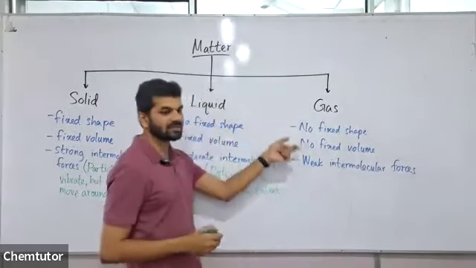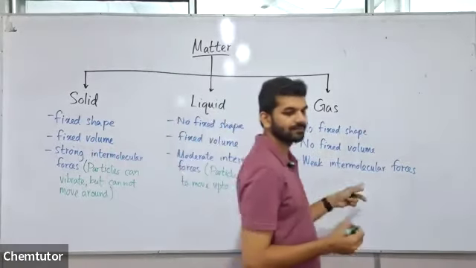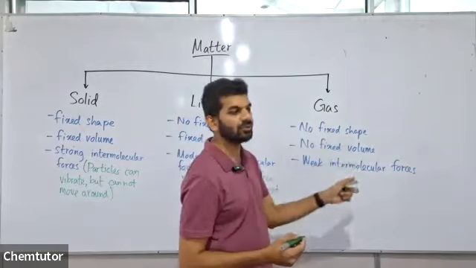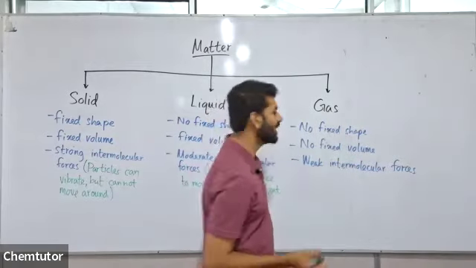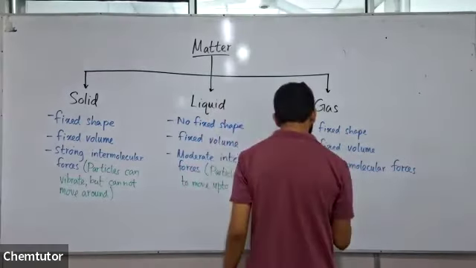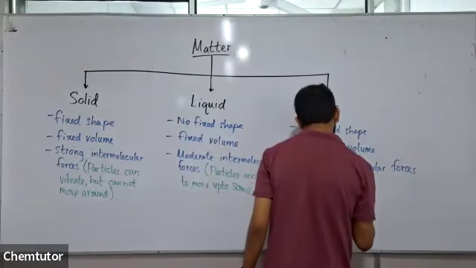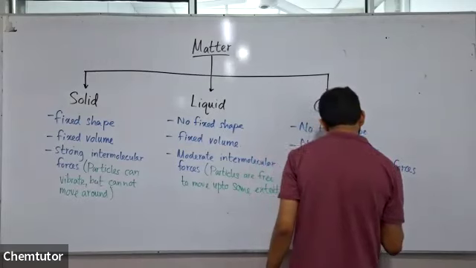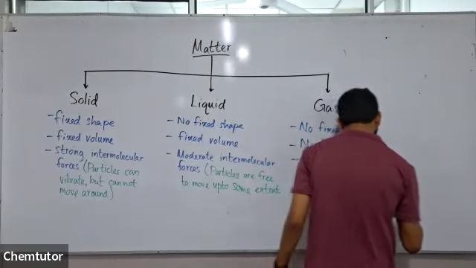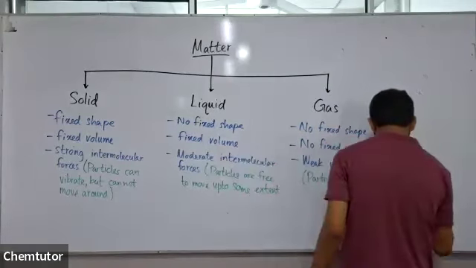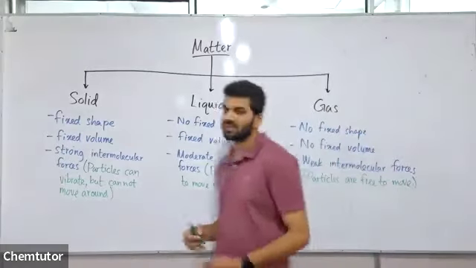Right. In gases, what will happen? The particles are free to move. They can move here and there up to any limit. There are no limits. So those are the properties.